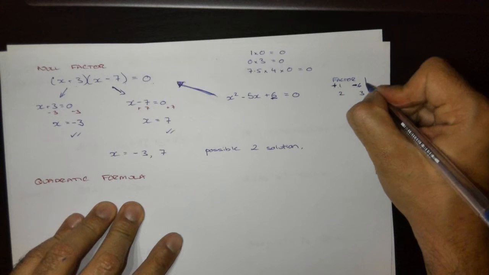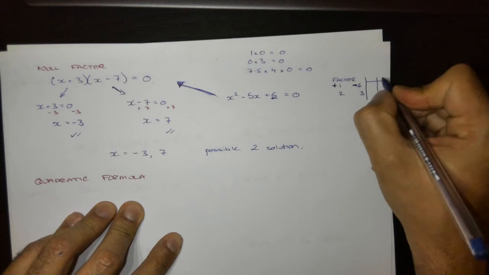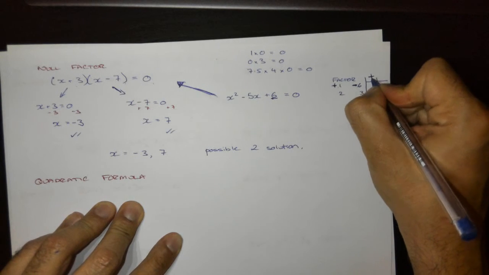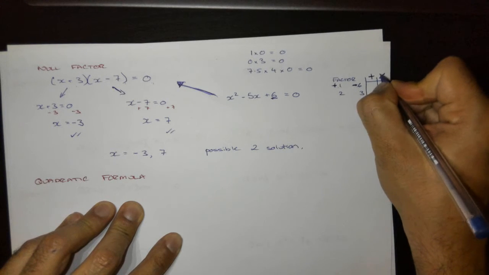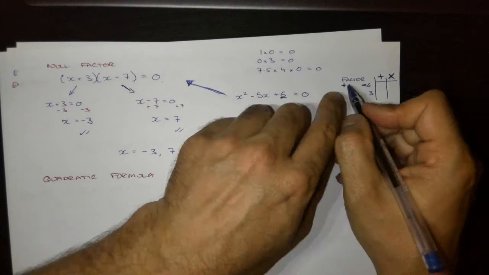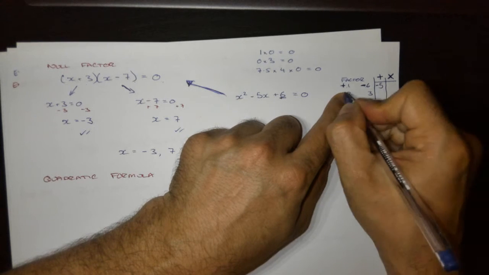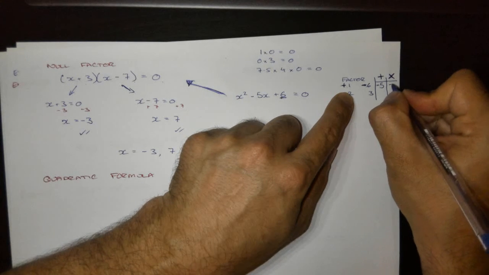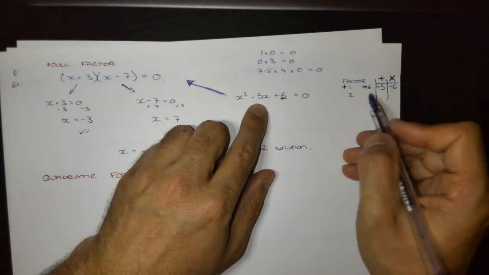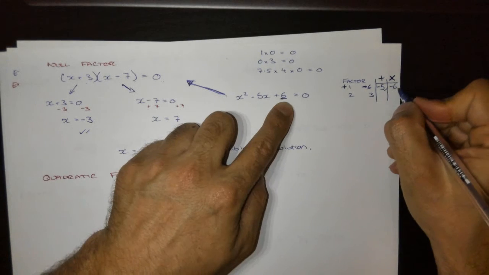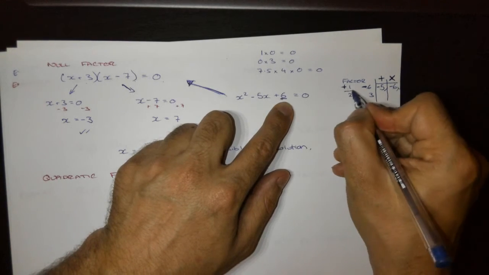So if I do a table, if I plus them, that's going to be negative 5, but if I times them, it's going to give me negative 6. That looks right, that looks wrong, so I can't use that.